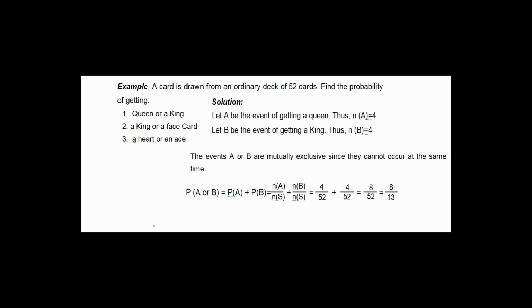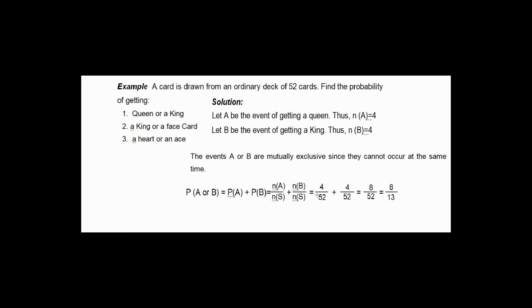So our equation will be P(A or B) is equal to P(A) plus P(B). Substitute into n(A) over n(S) for the queen, plus n(B) over n(S) for the king. Our n(A) is 4 and our sample space is 52 because we have 52 cards in an ordinary deck.